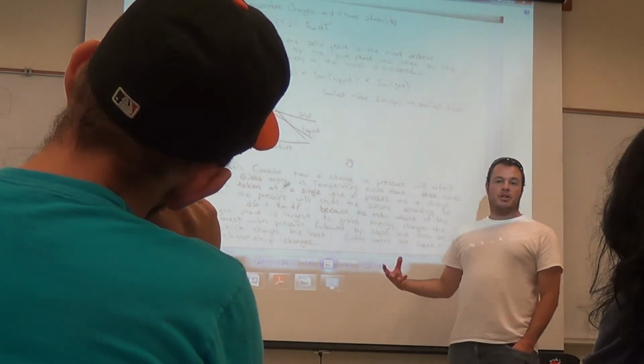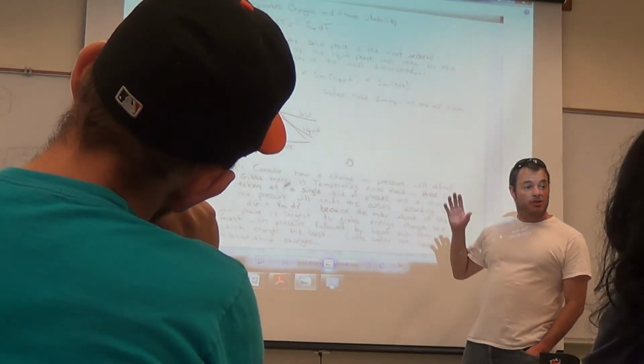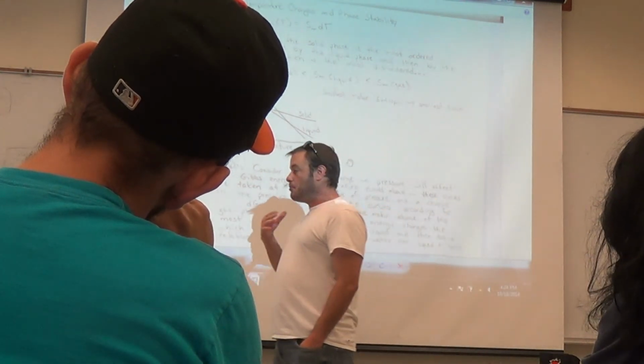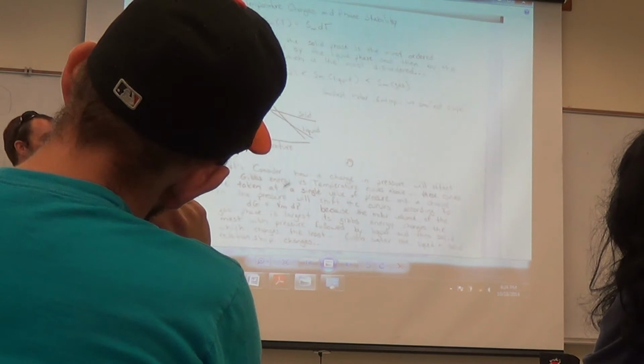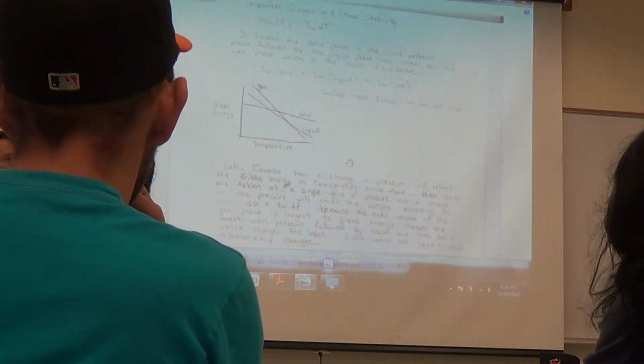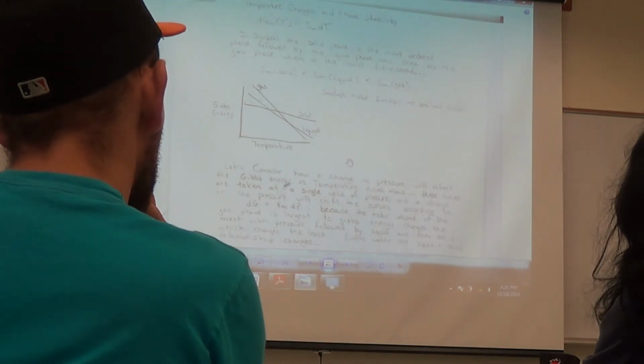And the magnitudes of the slopes are proportional to the sizes of the molar entropy. So in terms of the molar entropy, the molar disorder, which phase, solid, liquid, or gas, has the highest entropy, has the most disorder?